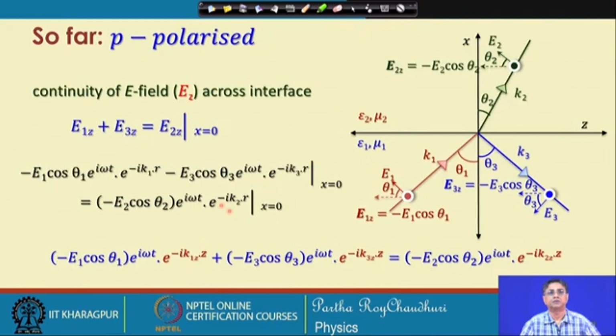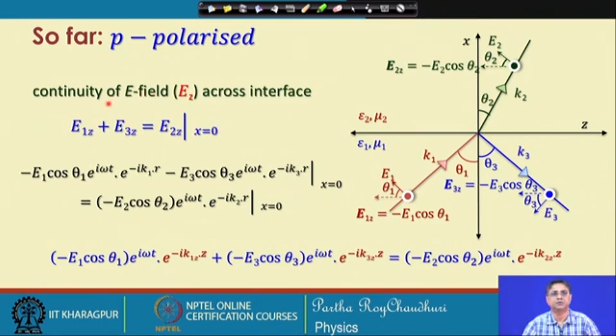Okay. Now, so far all that we have discussed is the continuity of the tangential component of the electric field across the interface, which has given us this equation: E 1 z plus E 3 z equals E 2 z at x equal to 0.